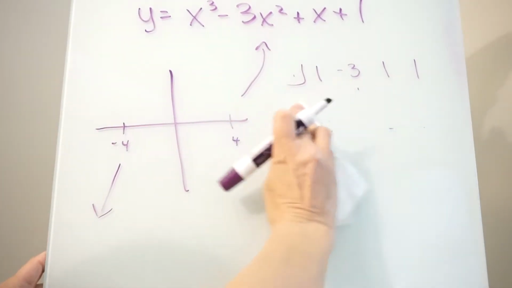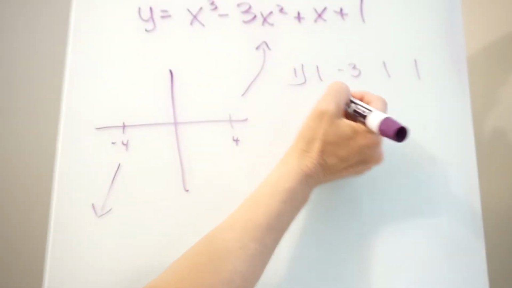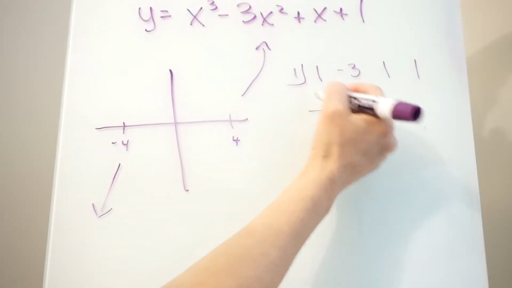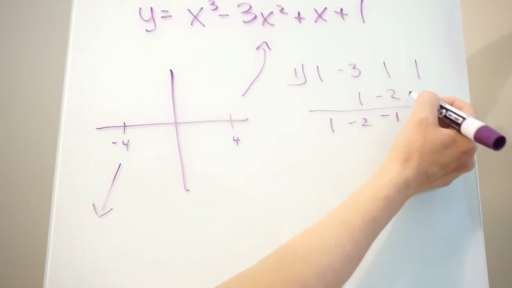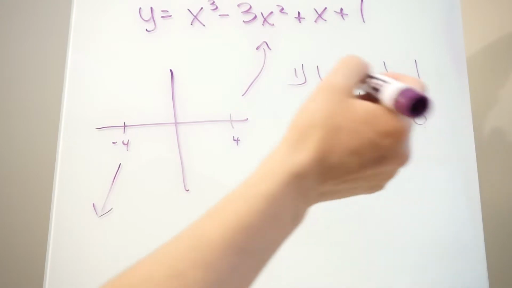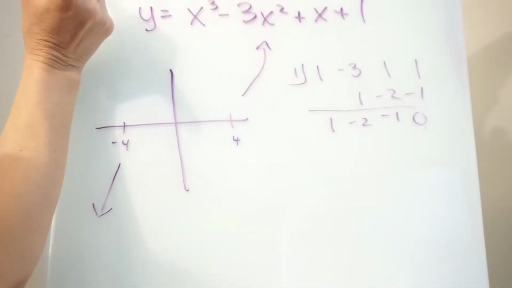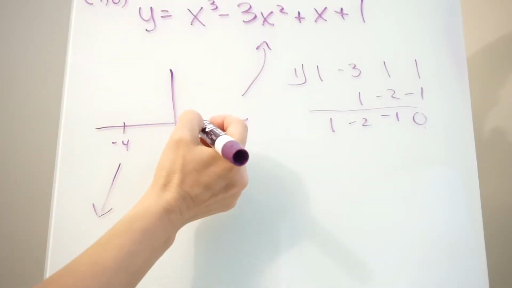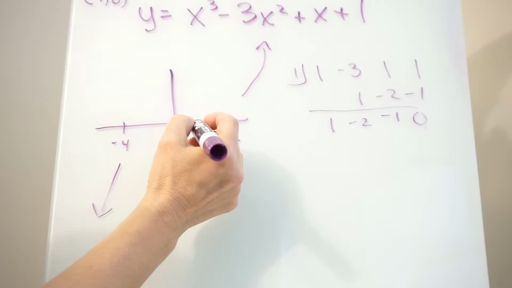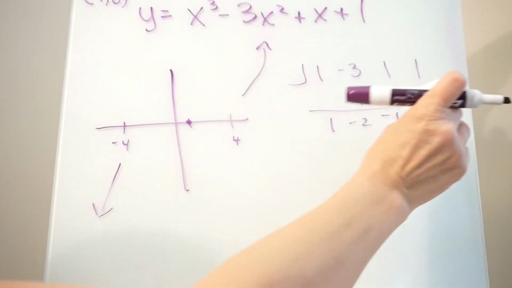Let's do the point 1. We get 1, negative 2, negative 1, 0. Oh, we found a 0. So we do know that it is going to cross at 1, 0. So at 1, 0, we have a point here, and we'll just graph that one right away.